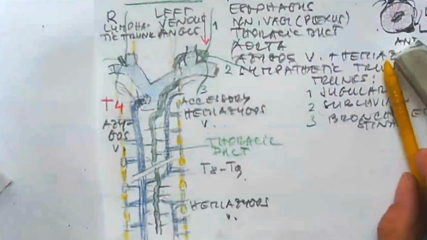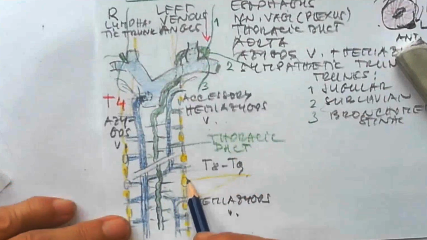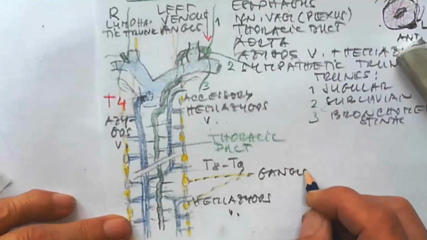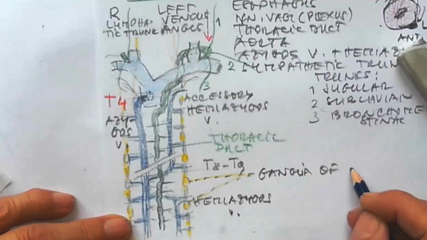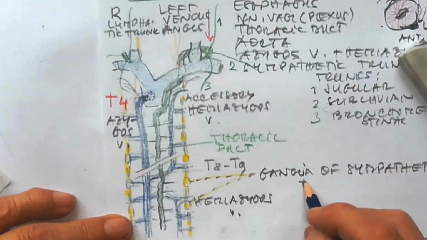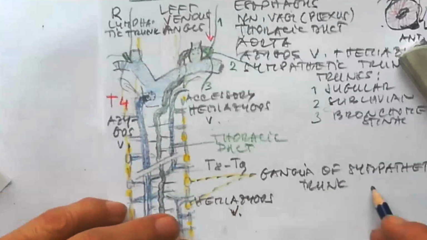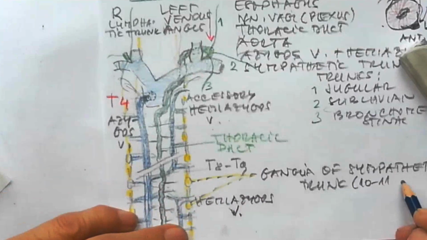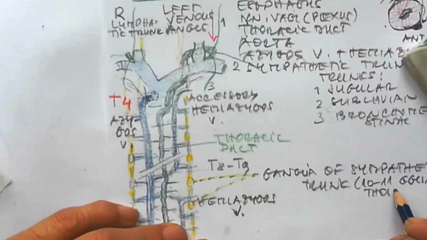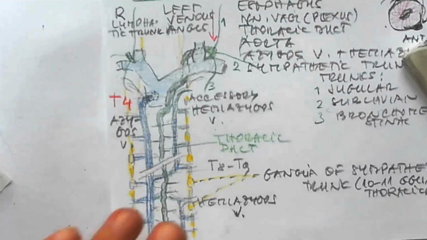These are interrupted lines like that, and we call them ganglia of the sympathetic trunk, and it contains around 10 or 11 thoracic ganglia. So there are 10 to 11 thoracic ganglia.